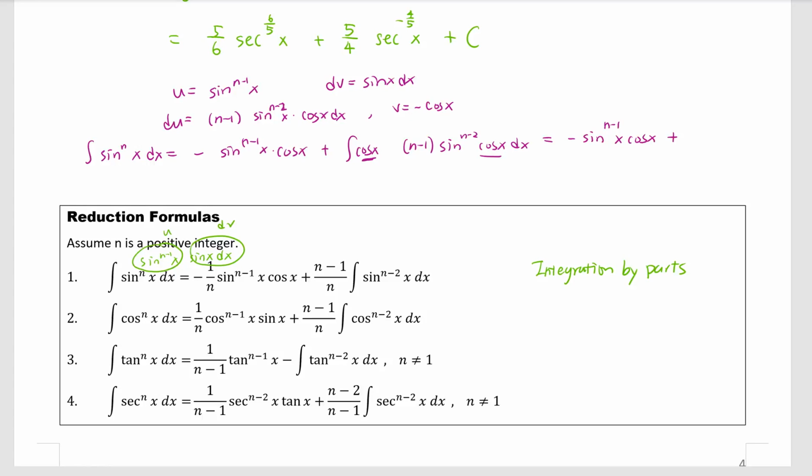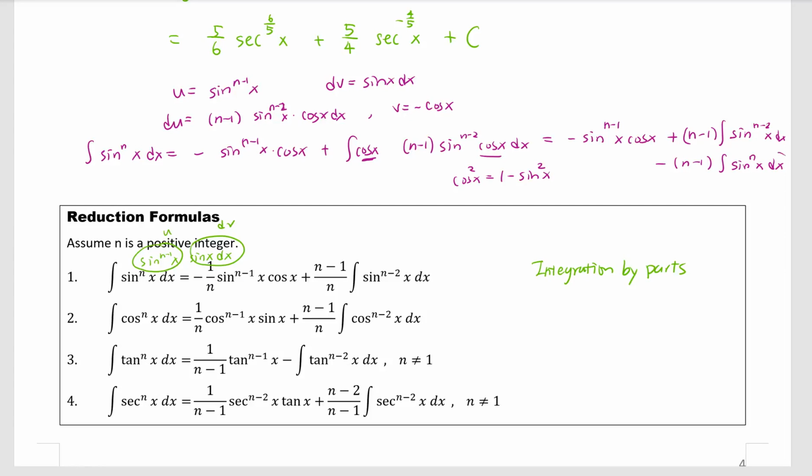Okay, so plus we can factor out n minus 1, and then, because cosine square is 1 minus sine square, we have the integral of sine n minus 2 x dx. We can also split, and when we have sine square and this together, we have sine to the n x dx. So far so good.